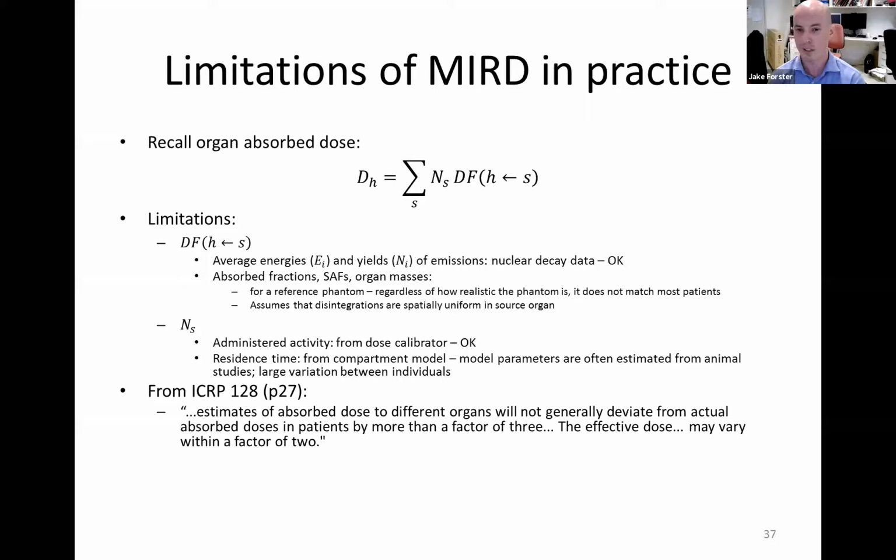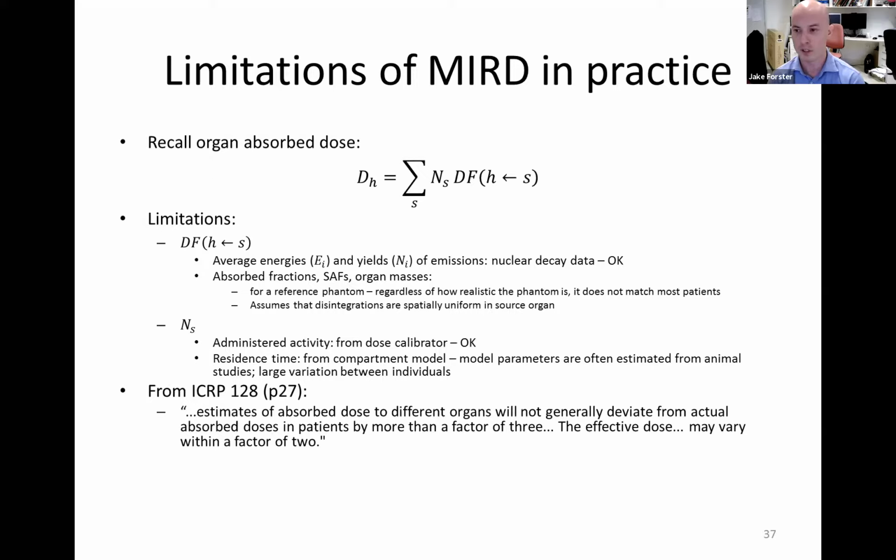So regardless of how realistic the phantom is, even if it's a really cool boundary representation phantom, that phantom will not match most patients in general. You also saw when we walked through the Monte Carlo simulation that we have to assume the disintegrations are spatially uniform in the source organ, which again isn't what happens in reality.